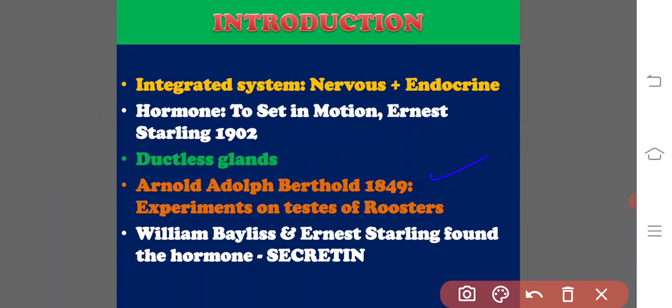If you remove them, due to the absence of testicles, they do not turn into roosters. And William Bayliss and Ernest Starling did the pioneering work, and for the first time they found the hormone which is known as secretin. Secretin is the first found hormone by William Bayliss and Ernest Starling.